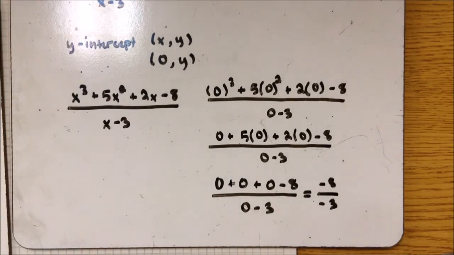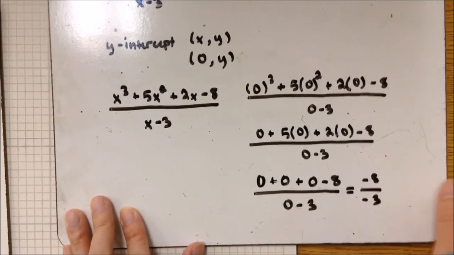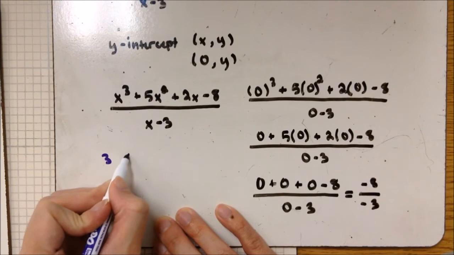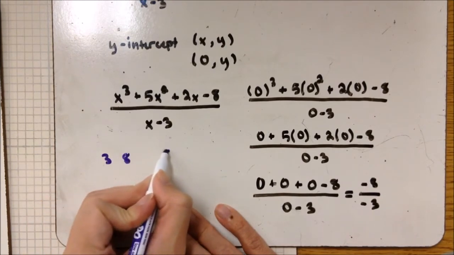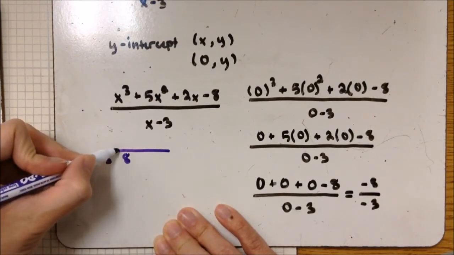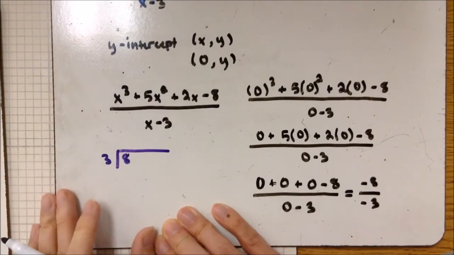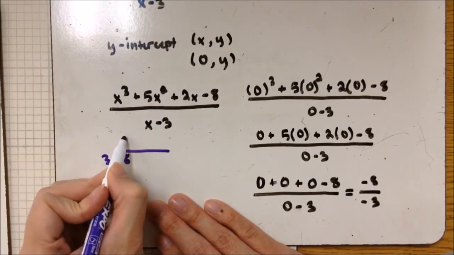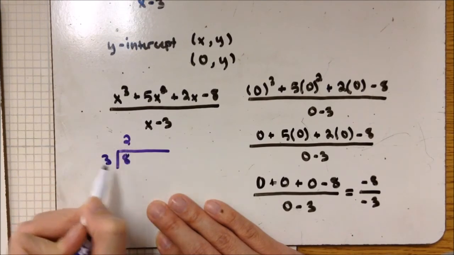One thing we know for sure is that a negative divided by a negative becomes positive. So if we do 3 divided by 8, just like how we were evaluating a function, 3 goes into 8 2 times. So 2 times 3 is 6.